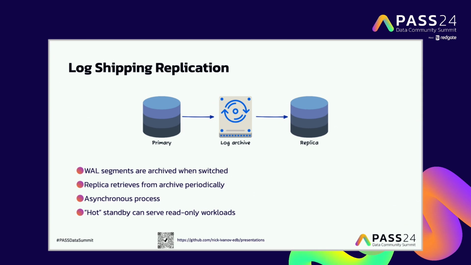Normally, it's like 5 minutes. So in case of failure, if the primary didn't send the latest WAL, then the replica will be 5 minutes behind the primary, obviously. You can tweak the frequency of archiving, but that would incur additional cost on the performance of the primary server. This is by definition an asynchronous process, so that means that you cannot possibly achieve zero RPO with this setup. And your standby can be hot in the sense that it can serve read-only workloads.